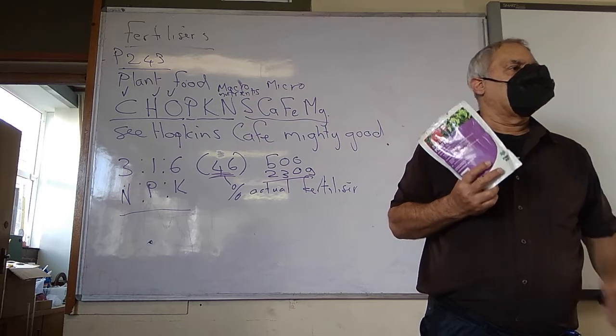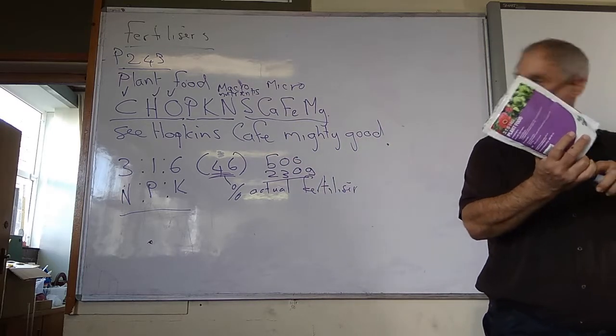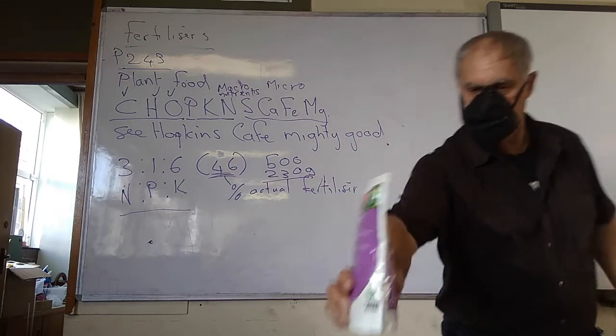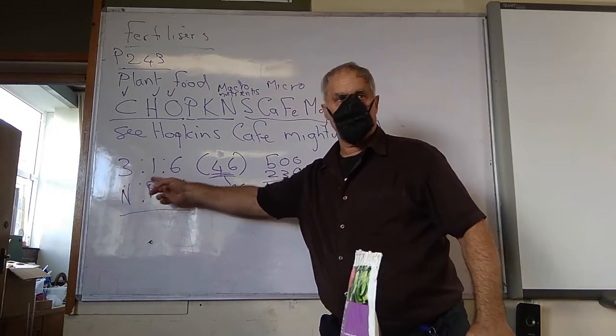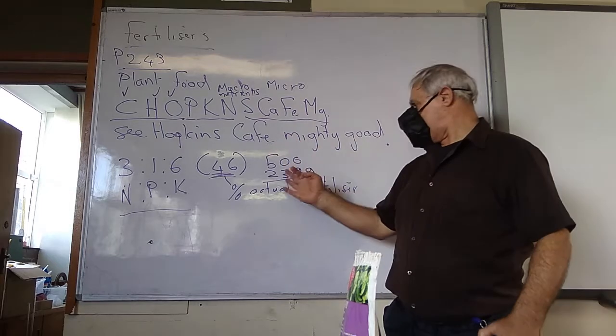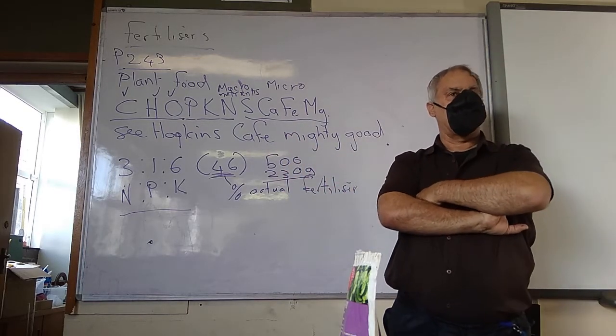So look, we've got a ratio. 3:1:6. 3 parts of this is nitrogen. So how many grams of nitrogen is that? 69 grams is nitrogen. Okay.